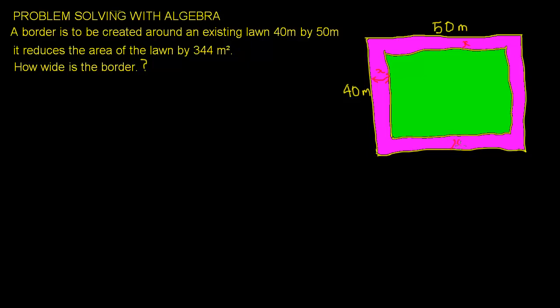So it's going to be the same width all the way around, and that width is going to be X. So we write down, let X equal border width.